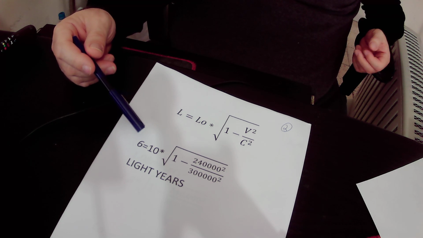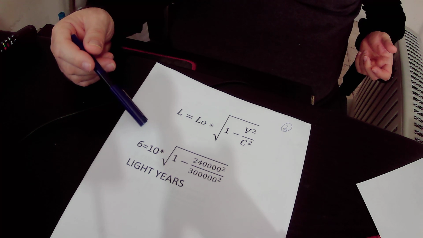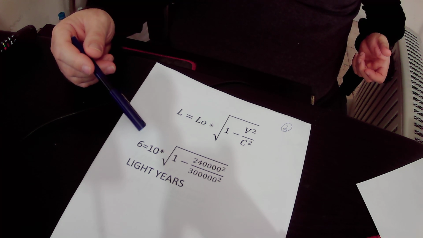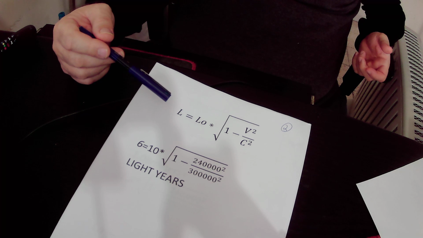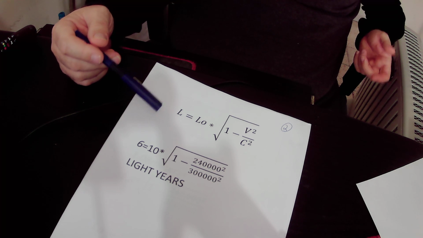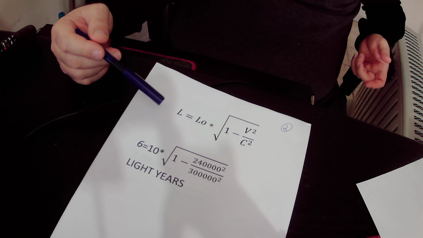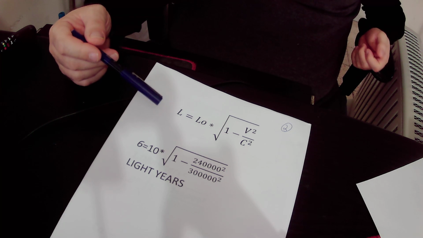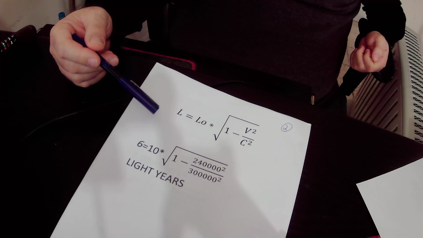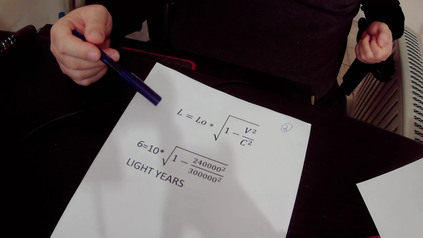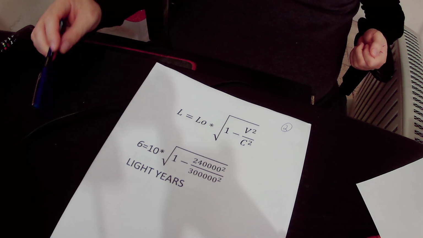So we see that there is a distance contraction between Earth and the star Epsilon because the twin brother is moving towards the star Epsilon at a speed of 240,000 kilometers per second.